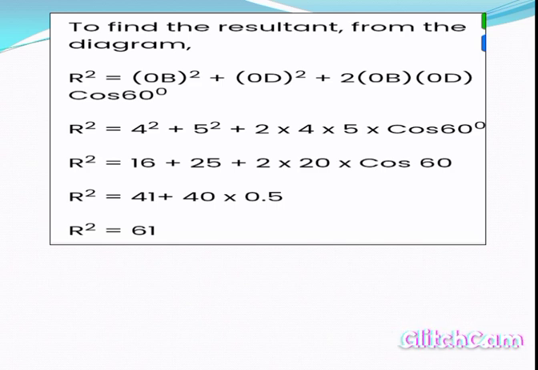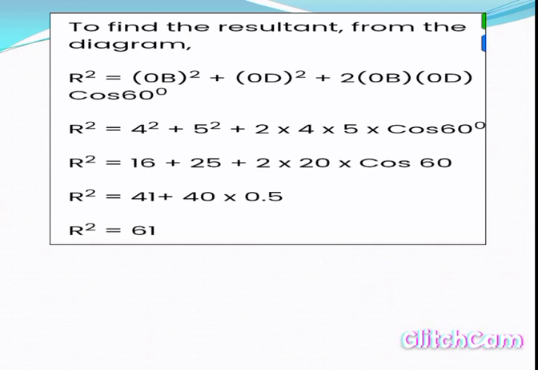So that will give us r squared equals 4 squared is 16 plus 5 squared is 25 plus 2 times 4 times 5 is 40 times cos 60 degrees. So r squared is equal to 16 plus 25 is equal to 41 plus 40 times cos 60, which is 0.5.